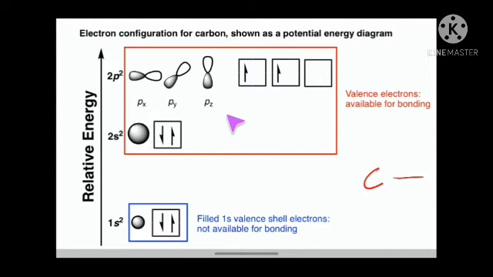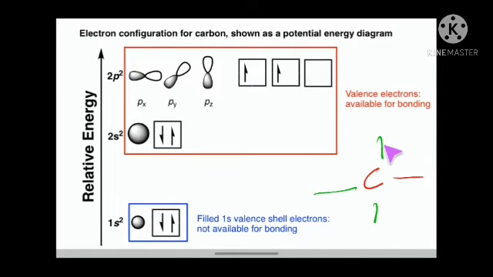But in our case this one is fully filled, and here we have one eligible candidate to form a bond. So that's a confusion. How come a carbon forms the remaining 3 bonds? That means how come a carbon forms 4 bonds?